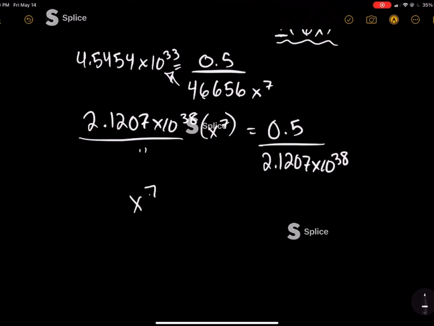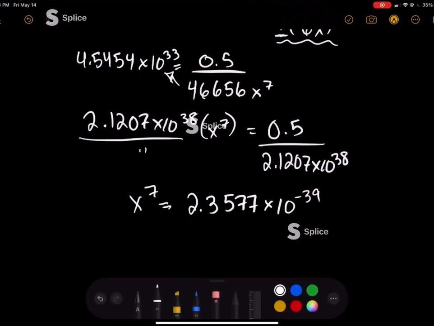And that gives us x to the 7th equals 2.3577 times 10 to the negative 39th. Now, what we need to do here is get rid of the exponent.